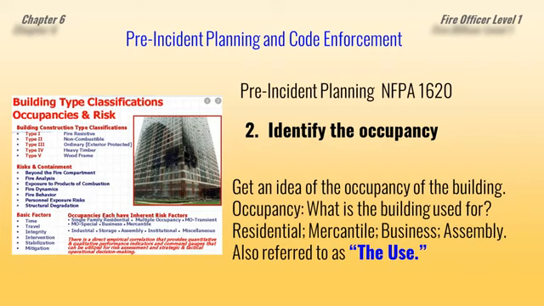A strip mall, a store, a Lowe's, a Home Depot, something like that. Is it a business? Do they conduct business like a lawyer's office, a doctor's office? Or is it an assembly, a restaurant, a place that people gather, a movie theater, things like that. So that's the use of a building. When we talk about use, what's it going to be used for?